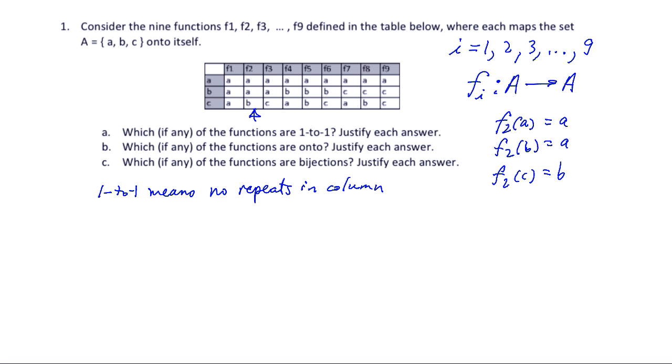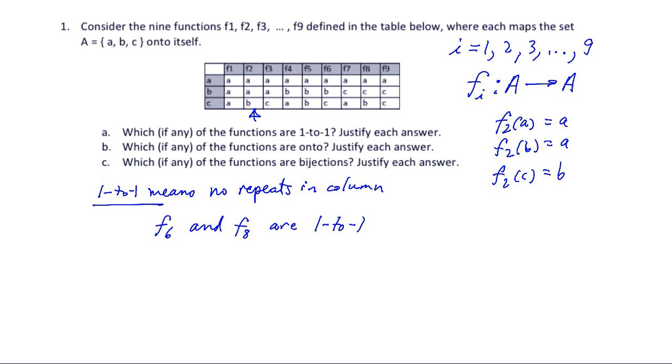It's very easy to tell then. The functions that are one-to-one, you can just scan across here and see. Here we have two A's, here we have two B's, here we have no repeats, so F6 is one-to-one. Here we have two A's, here F8 is one-to-one, and here we have two C's on 9. So F6 and F8 are one-to-one.